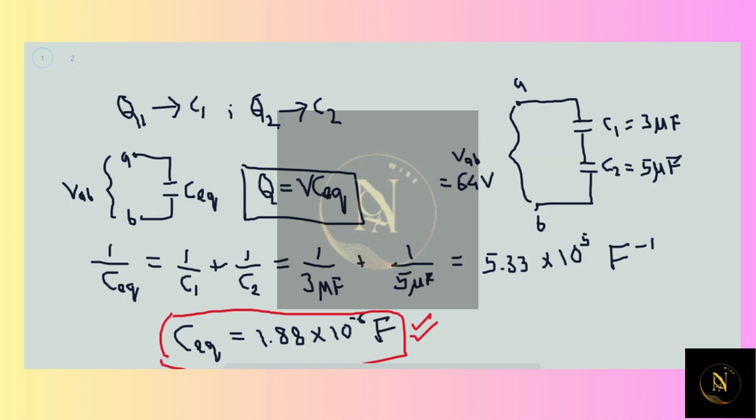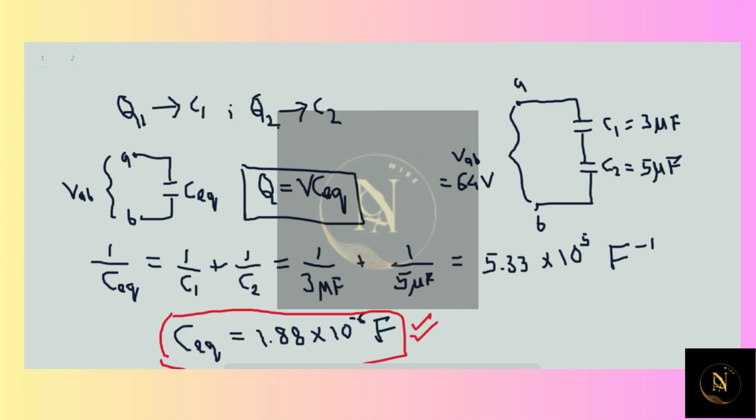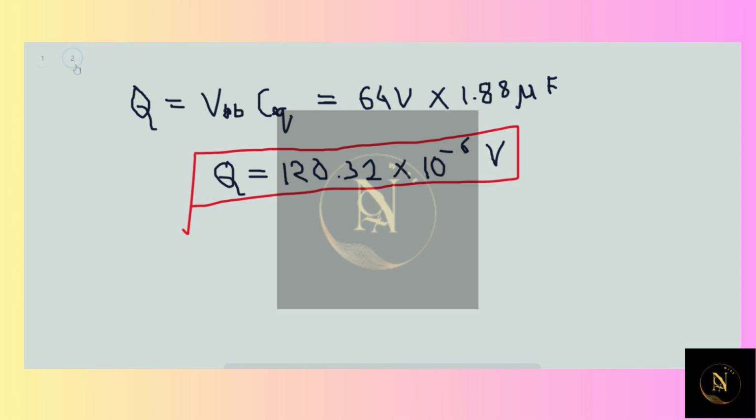So between points A and B, the equivalent capacitance gives the total charge, which is equal to 120.32 times 10⁻⁶ coulomb. And as we said, for a series combination, the charge across each of the capacitors is equal to the total charge of the circuit.